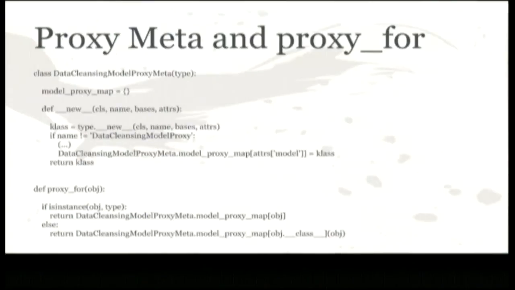And because we record that every time we create a new instance, there's this little convenience method that allows me to say, I have an object of this type, either what's the proxy type for that, or give me just a proxied wrapper around that specific object that I'm passing you, right?